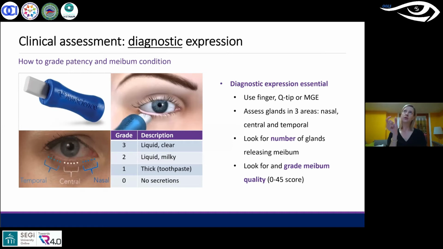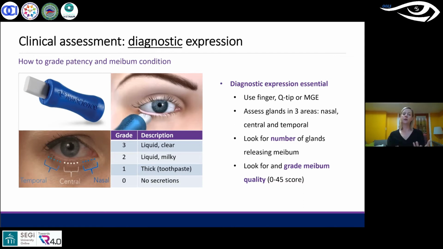So it allows you to be quite standardized with applying that pressure to 3 points along the bottom eyelid. It tends to cover about 5 glands, and you watch carefully as you gently depress the Meibomian Gland Evaluator against the lower lid margin for the quality of meibum that comes out, or whether any meibum comes out at all or not.